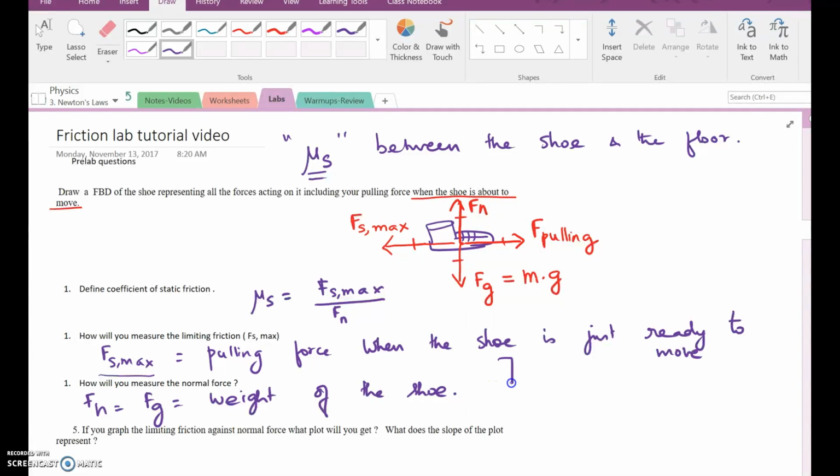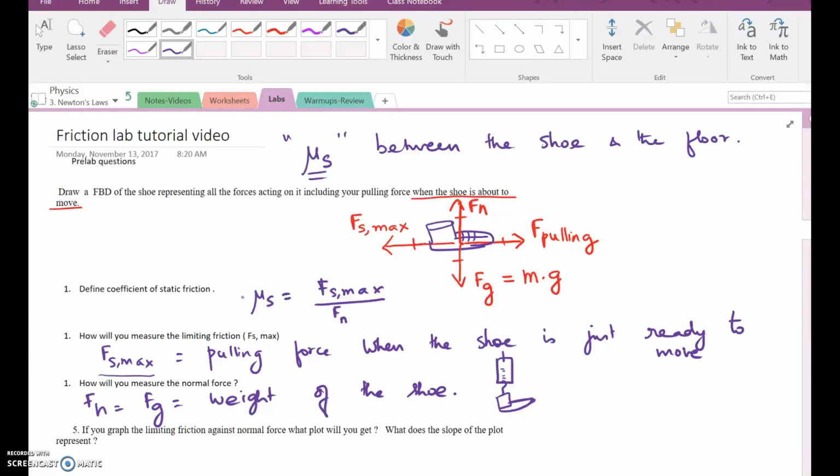So if this is your spring scale, you can just hold the shoe up like this and read the newtons on the spring scale, which gives you the weight of the shoe directly. Alternatively, you can put the shoe on a mass scale, determine its mass, and then multiply by 9.8 to get the weight of the shoe. So now that you know both Fs max and Fn, you can get the mu s value.